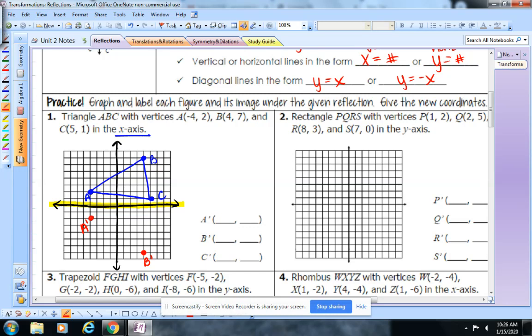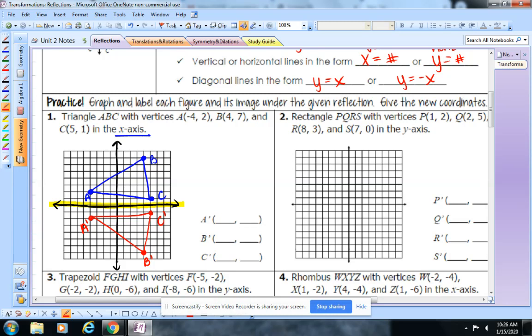C is how many spaces from the x-axis? 1. So just go 1 below it. And grab C prime. And then draw your figure. So for a reflection, if it's a horizontal line or a vertical line, basically all you have to do is count the same amount of spaces. And then all we have to do is write down the ordered pairs from our points we graphed.